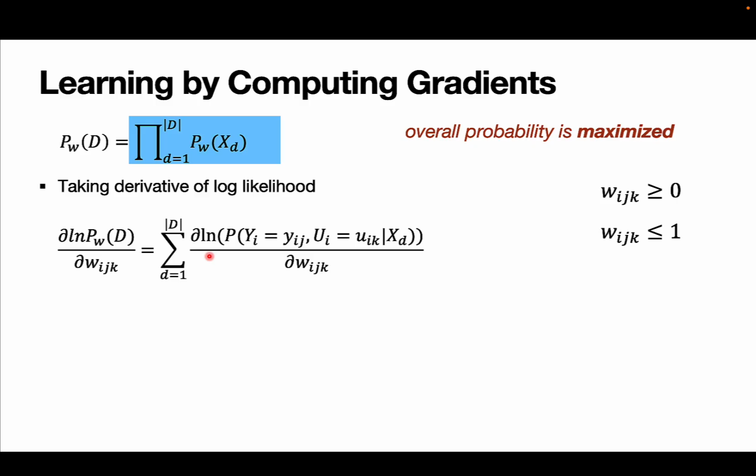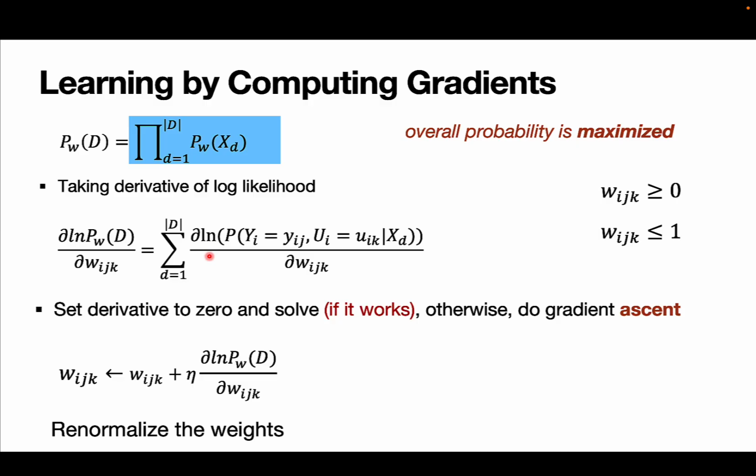If this approach works, it's going to be great because we will have estimates for these unknown values. But if the direct solution doesn't work, we will have to apply gradient ascent since we are maximizing. In some cases, the optimization might result in weights greater than 1. That's why we have to normalize between 0 and 1, because these values represent probabilities.